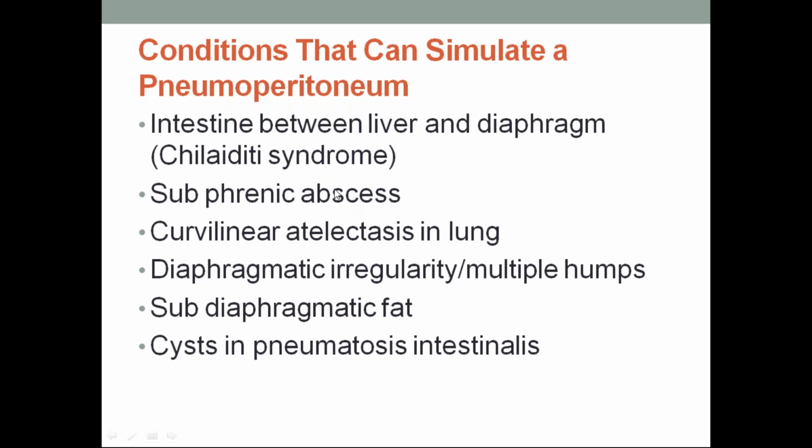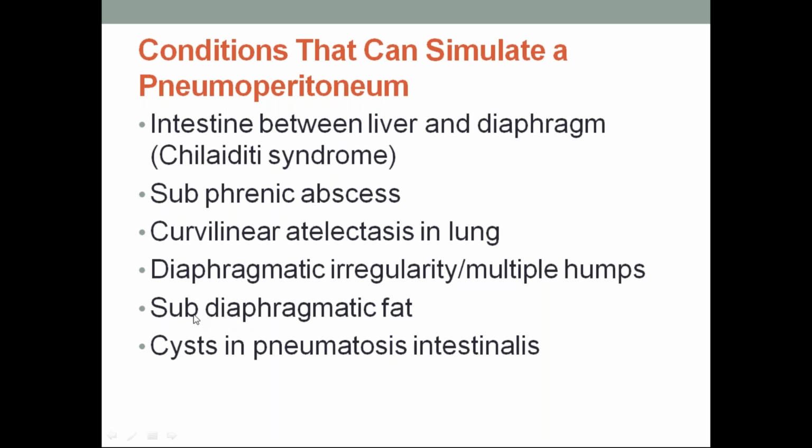It will be mixed like pneumoperitoneum. And diaphragmatic irregularity or multiple humps. In these conditions, if the diaphragm is irregular, we are unable to see clearly the gas, and unable to distinguish the inferior margins of the lung. So in that condition, it will mimic a pneumoperitoneum.